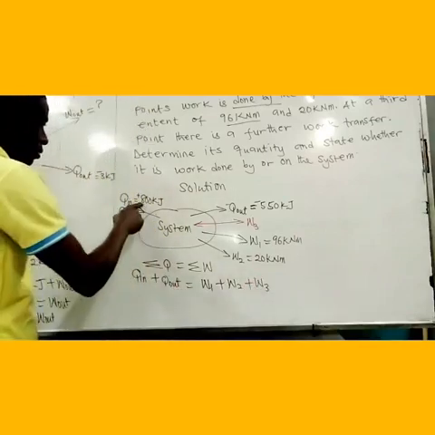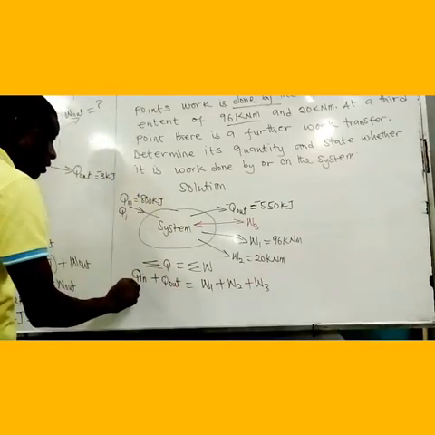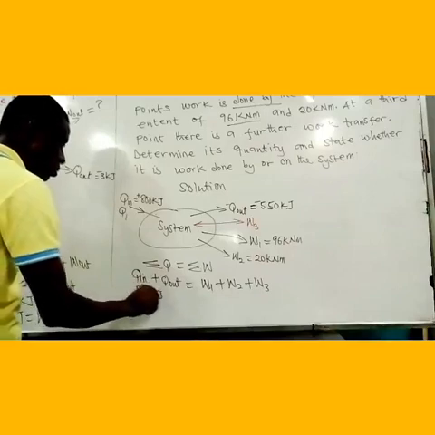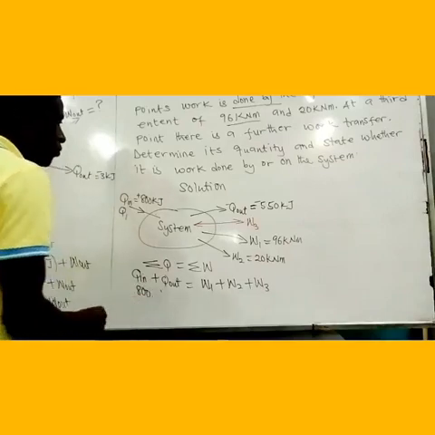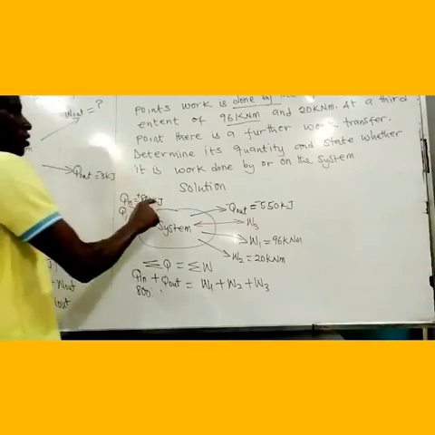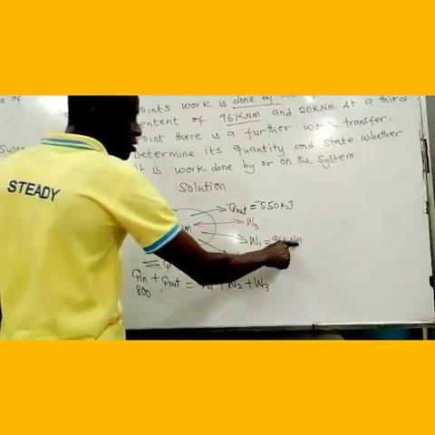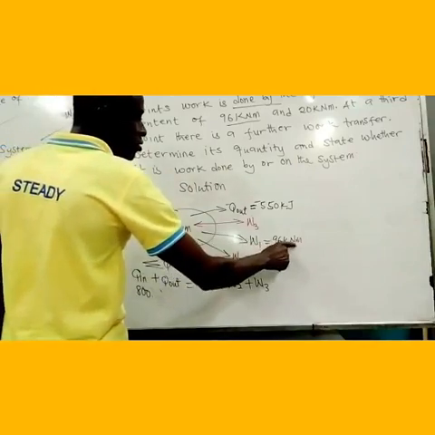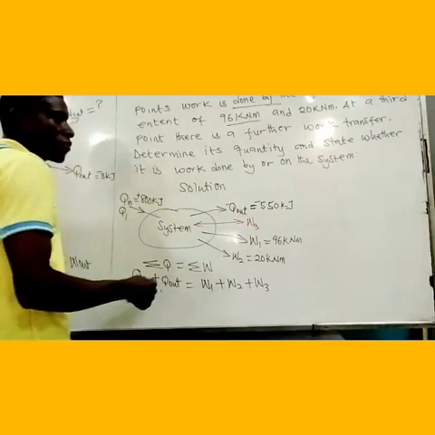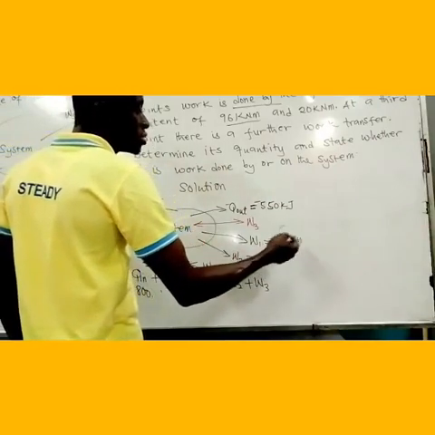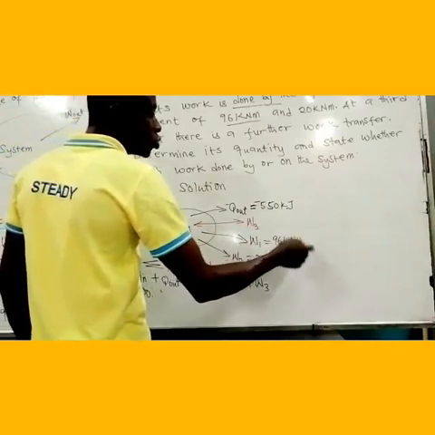So heat in is 800 kilojoules. Now here we have to be careful about the units. Here we have kilojoule, and then the work we are given in kilonewton meter. And we established from the first law that 1 newton meter is equal to 1 joule.